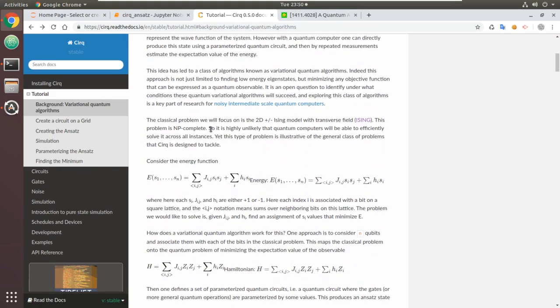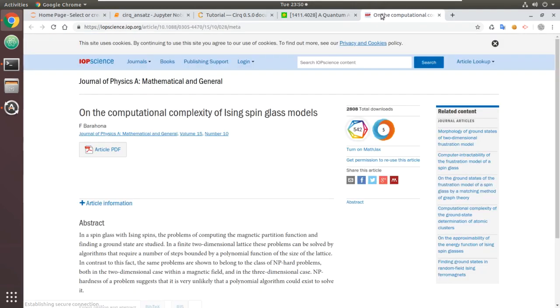Oh yeah, this one here. The classical problem we'll focus on is the two-dimensional plus minus Ising model with transverse field. This problem is NP complete, so it's highly unlikely. Okay, the two-dimensional plus minus Ising model with transverse field. So this is the problem we're focusing on.